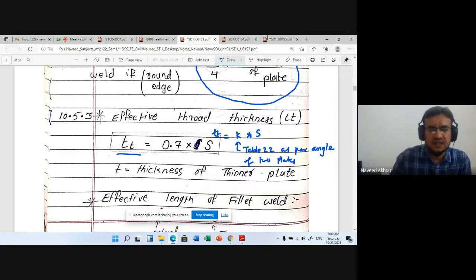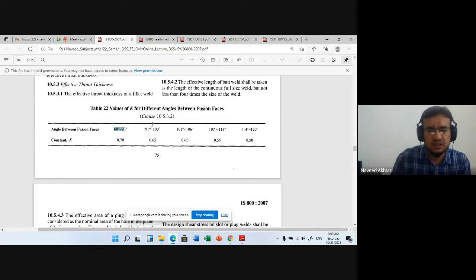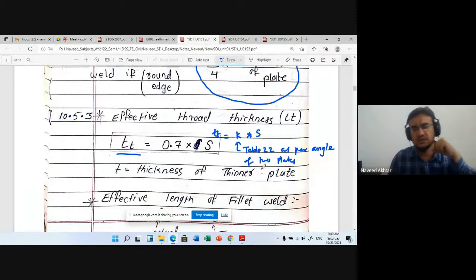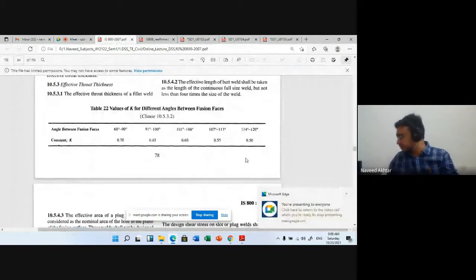Okay, so if the angle is increasing, then the value of constant K is decreasing. You can see here, if it is 101 to 106 degrees, then the value of K is 0.6, 107 to 113, the value of K is 0.55, and if it is up to 120, then the value is 0.5.